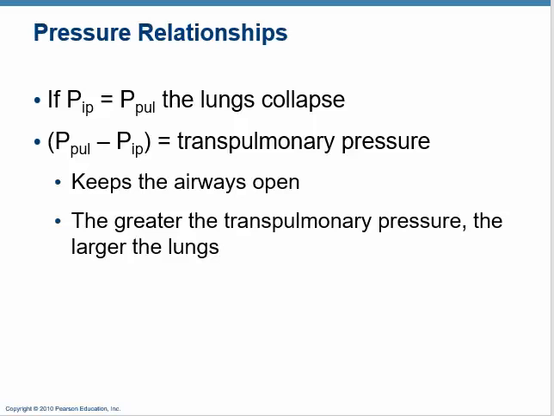So we call the difference the transpulmonary pressure, and that always keeps the lungs inflated and basically pushed to the walls of the thorax. At rest, that transpulmonary pressure is normally about -4 millimeters of mercury.